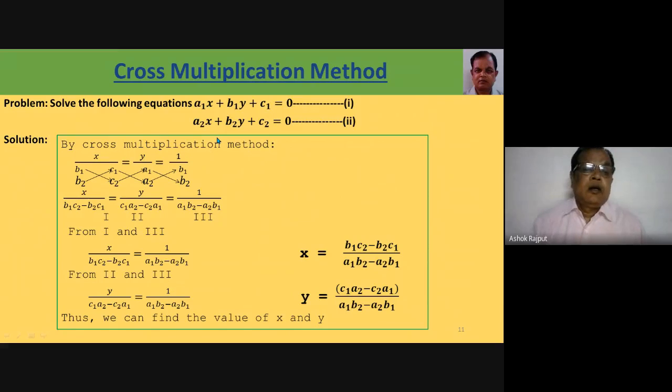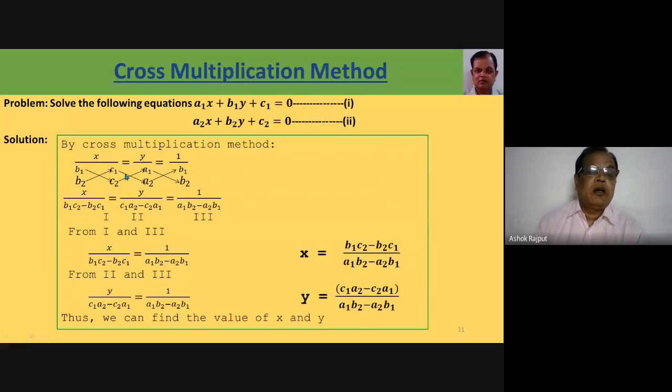It is important that if the equation is not in this form, you arrange it in this form, then you use this method. After the equal sign, it should be 0. It is compulsory for this method. Then under x, we write only the coefficients of y and the constant, as we have written b1, b2, c1, c2.